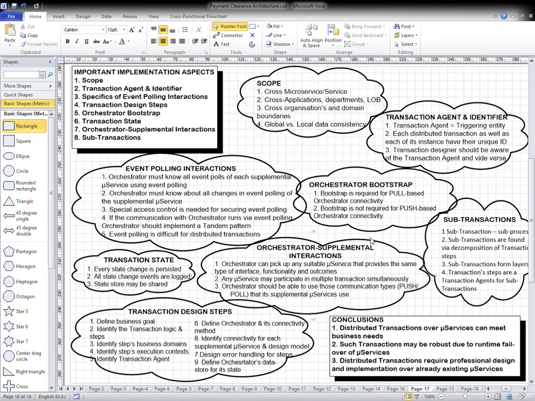A distributed transaction requires professional design and implementation on top of already existing microservices. So the orchestrator and transactions are built after the microservices that will be used in the transaction are already created and deployed.